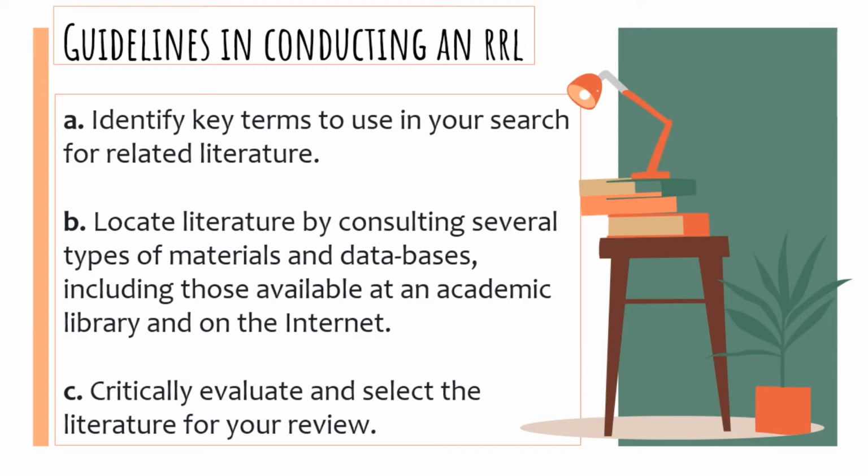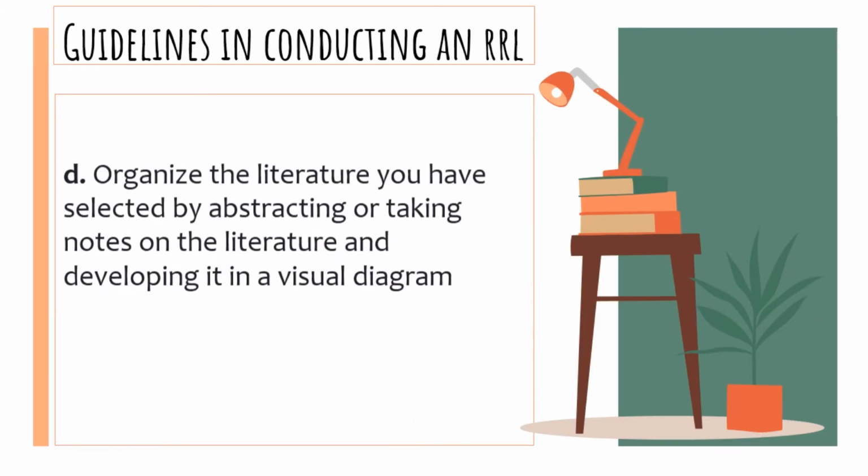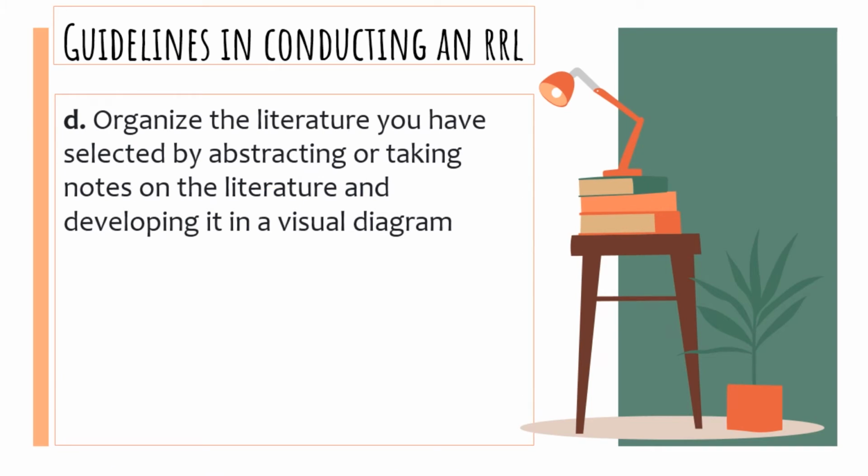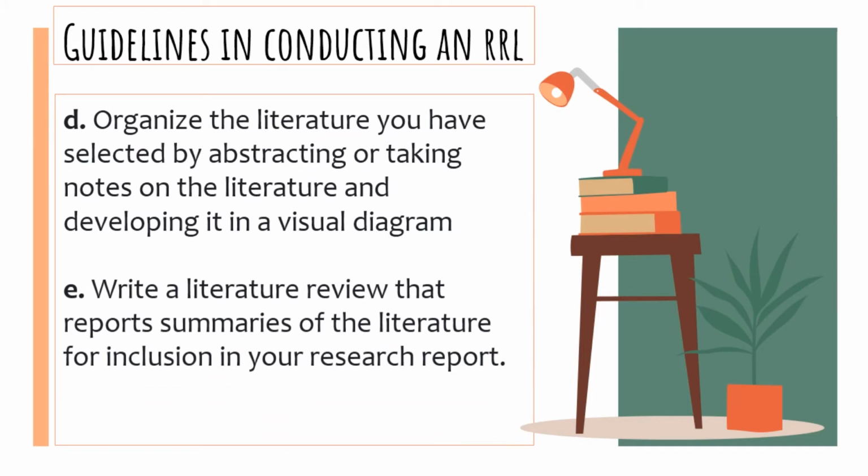Determine if the literature found is good and relevant to your study. Fourth, organize the literature you have selected by abstracting or taking notes on the literature and developing it in a visual diagram if it is desired by researchers. And lastly, write a literature review that reports summaries of the literature for inclusion in your research report.